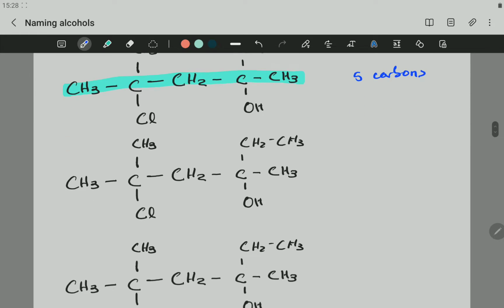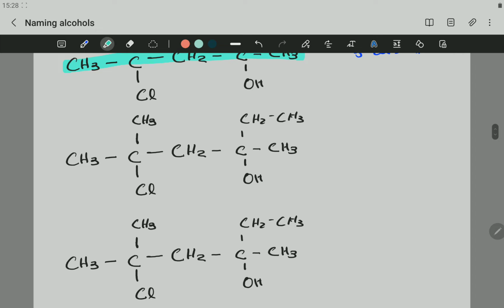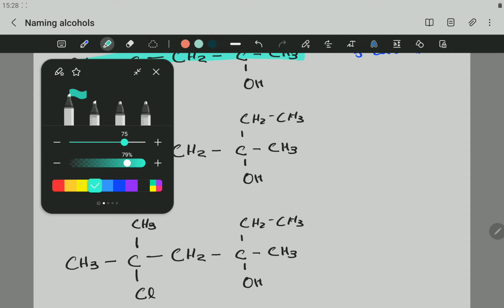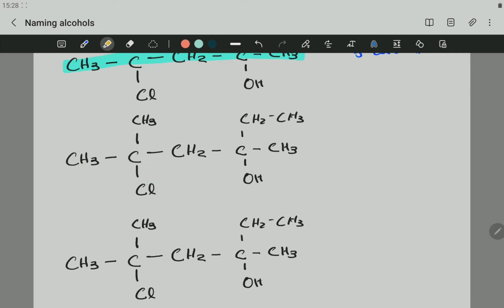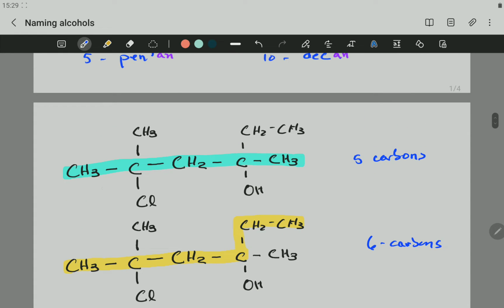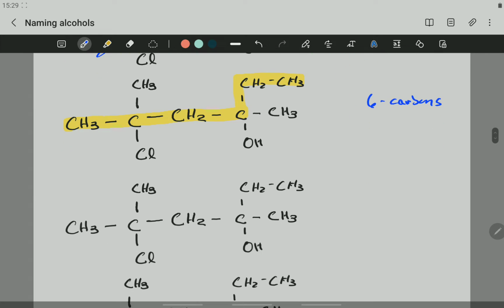Let's see another option in which we can look for the carbon chain. This one will be in this way, where the carbon with the OH turns up, and this one will have 1, 2, 3, 4, 5, 6. So 6 carbons. This one is a little bit longer. So the first one is already out.